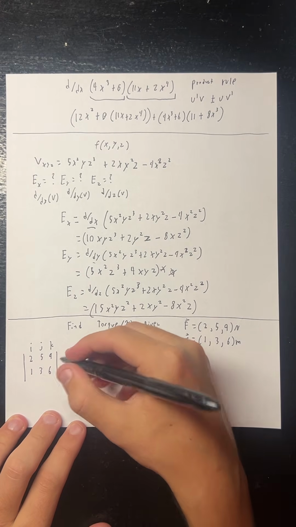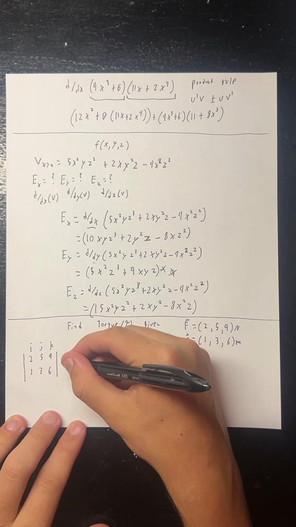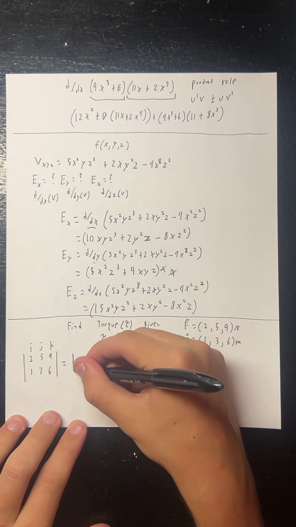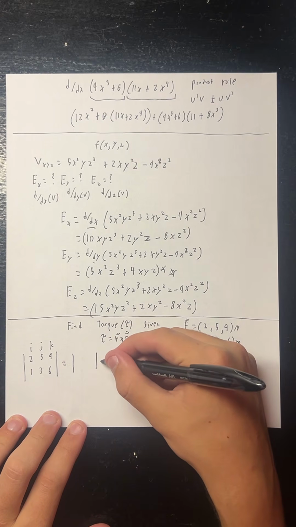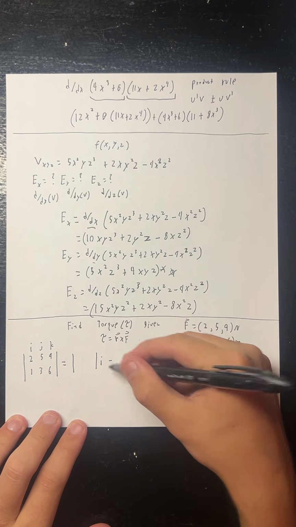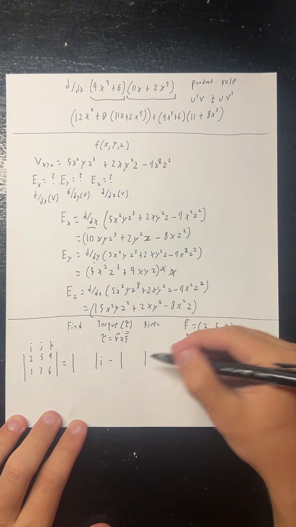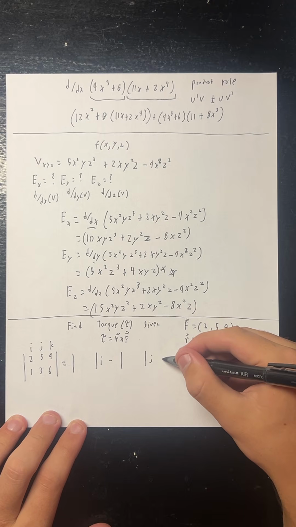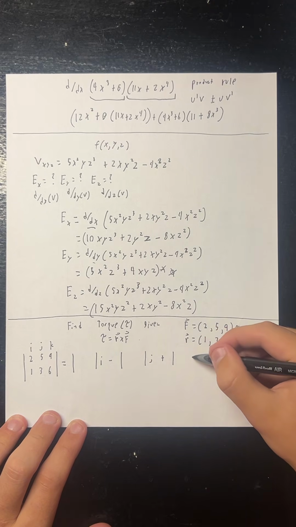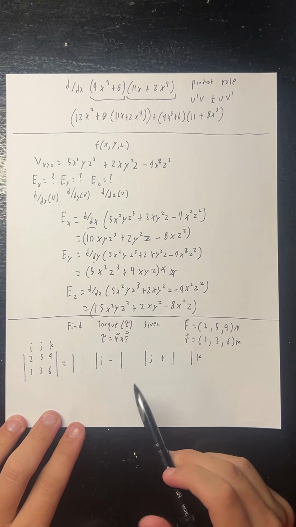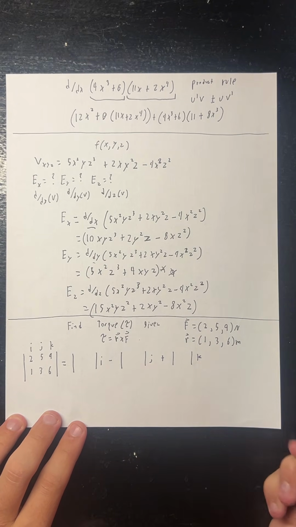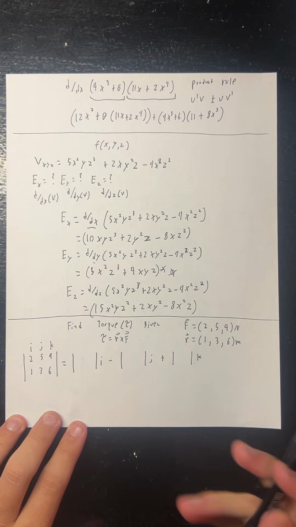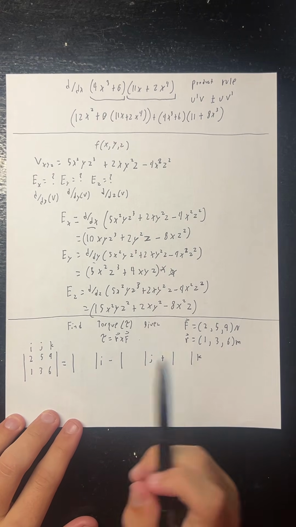Now, once we have our main matrix, we can actually do the cross product. So this equals the smaller matrix of I minus the smaller matrix of J plus the smaller matrix of K. And this will basically give us that torque equation that we're looking for, the vector that we're looking for.